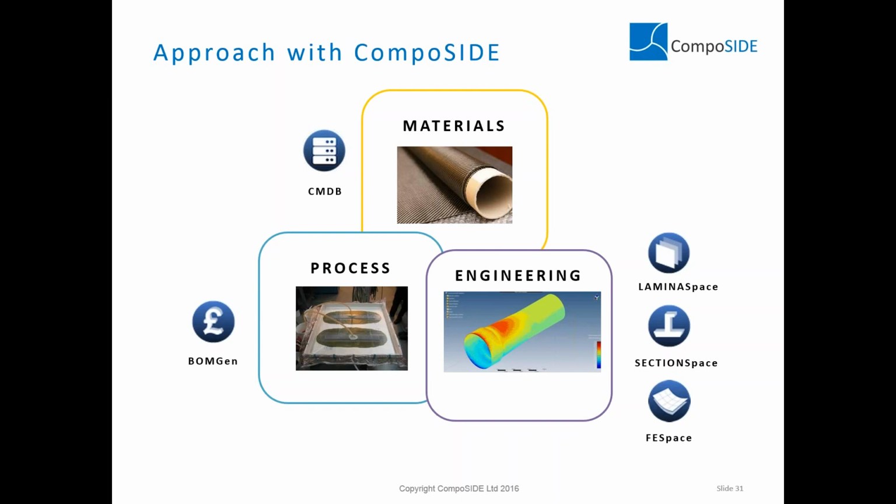So as I mentioned earlier, we have CMDB for our materials, LaminateSpace for our laminates, SectionSpace for our 2D sections, and FE Space for our 3D panels, beams, etc. And then we round this all off with PlyGen, which collects all of the material data, puts it in quantities, applies factors based on the type of manufacturing, so you can get a manufacturing bill of materials and an engineering bill of materials from one click.